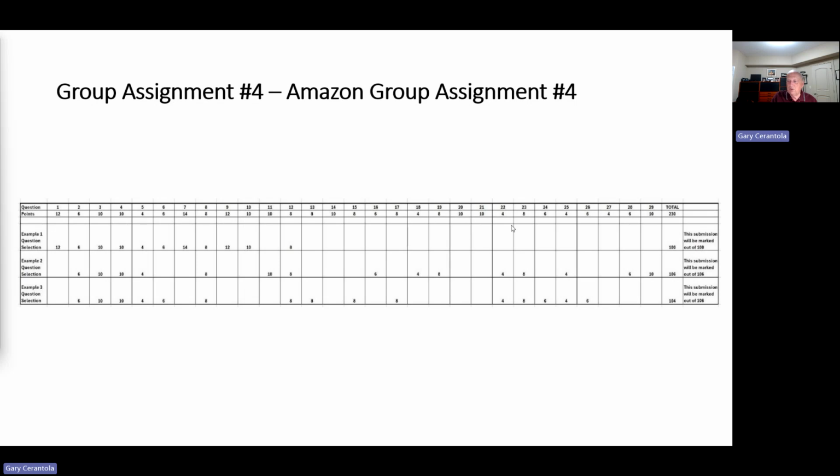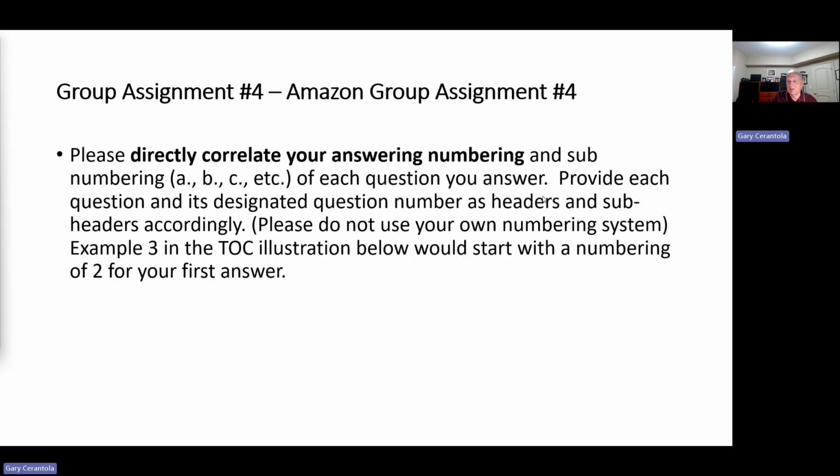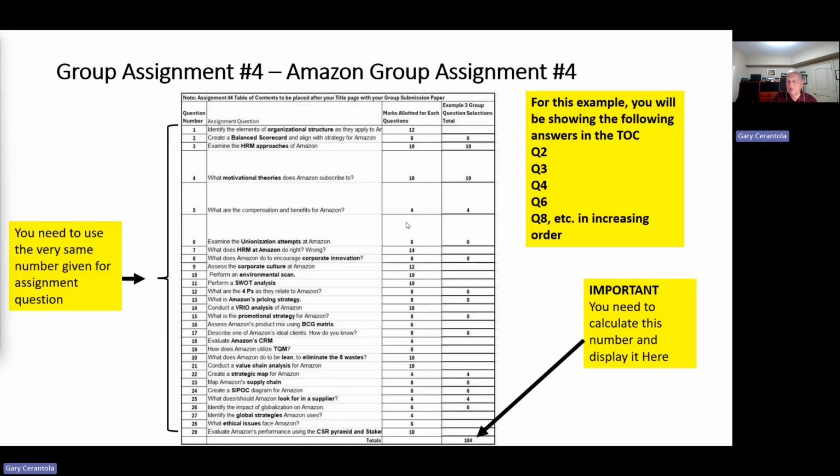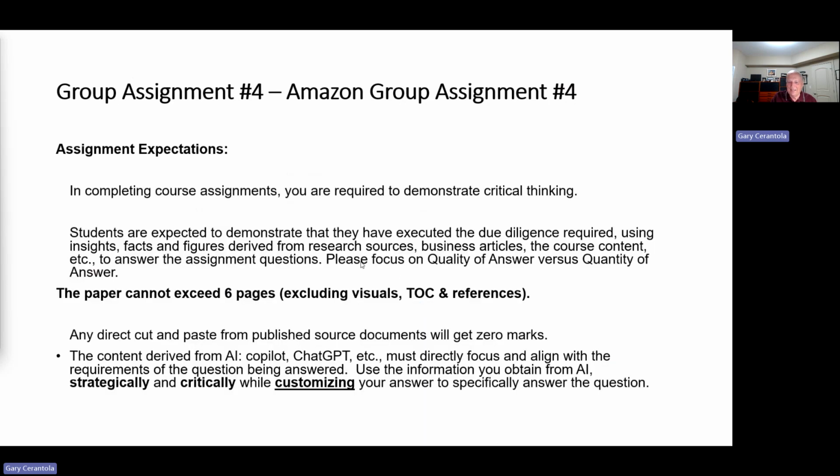And if you do not provide this table of contents the way I'm asking, where your group totals these to make it easy for me to go through my assessment, I have this huge spreadsheet that I need to go through, and if you don't total this, it makes a lot more work for me. And that's where you could lose your 6 marks on the formatting. Okay, all right. So again, this is a guideline.